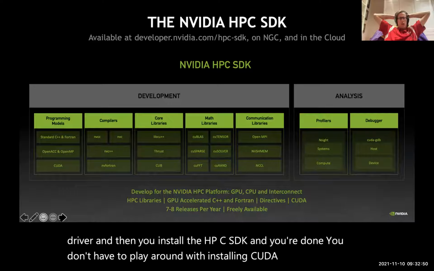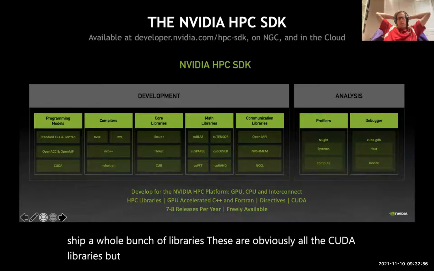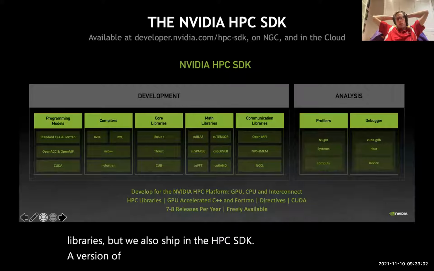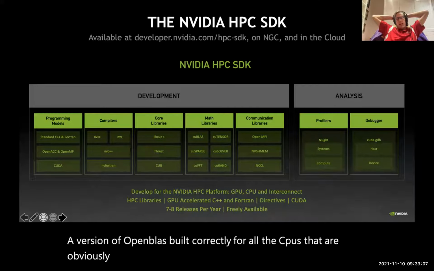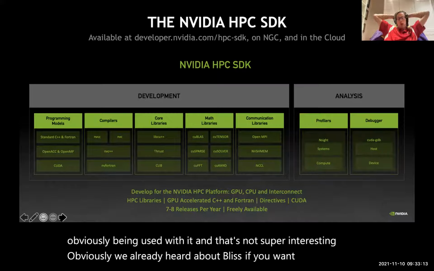We also ship a whole bunch of libraries. These are obviously all the CUDA libraries, but we also ship in the HPC SDK a version of OpenMP built correctly for all the CPUs that are obviously being used with it. And that's not super interesting. Obviously, we already heard about BLIS. If you want BLAS libraries for ARM, they're not super hard to get.